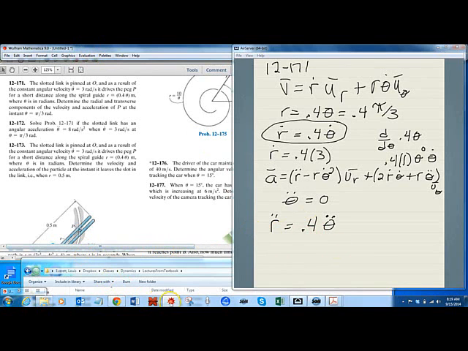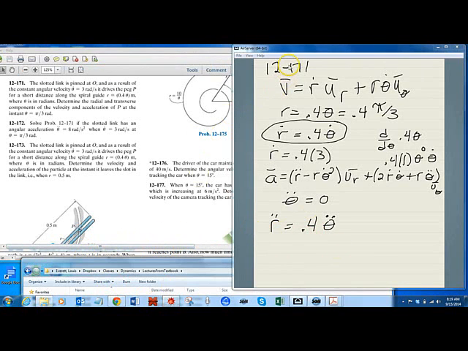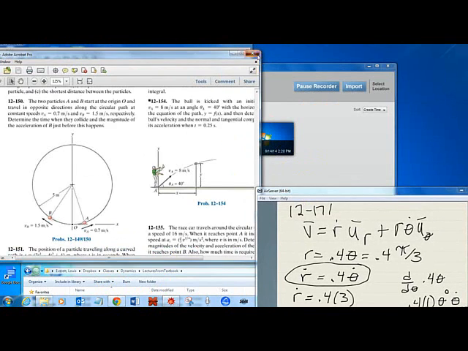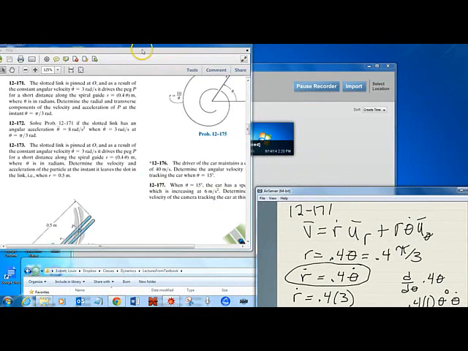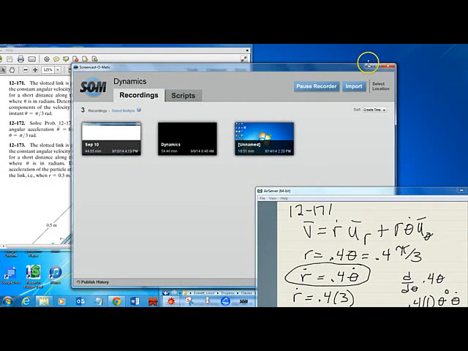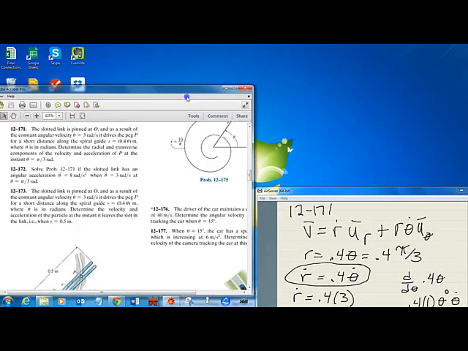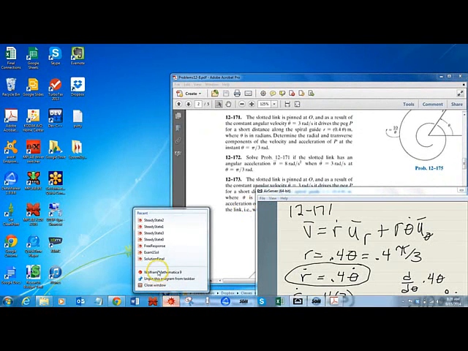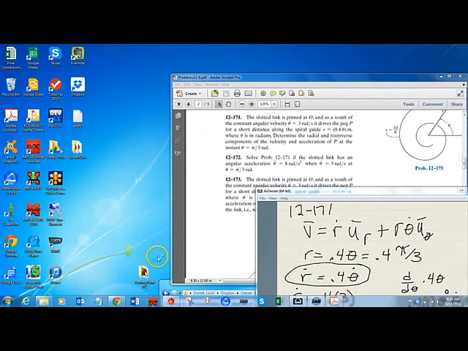Where did it go? Oops. At the very bottom. Man, I can't find it. Let me get all this mess out of the way. Where did he go, man? Wow.